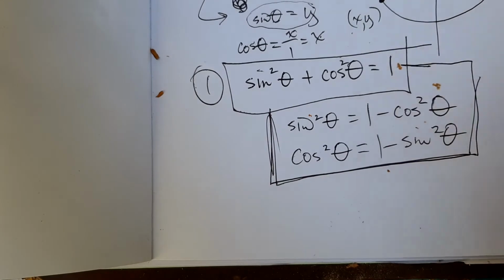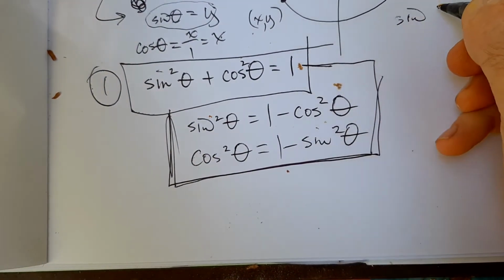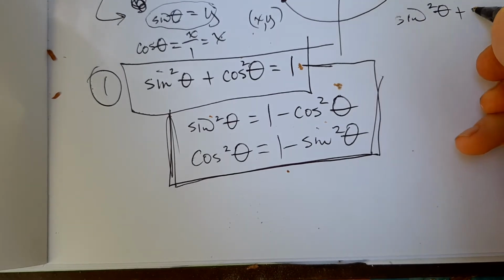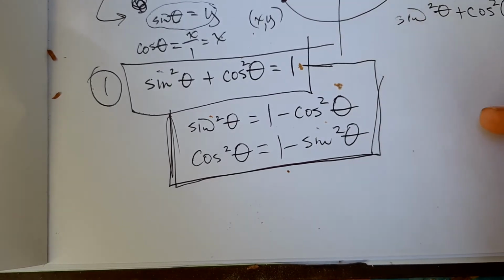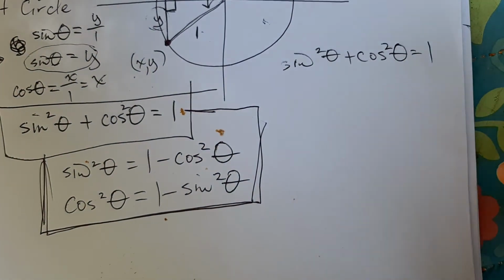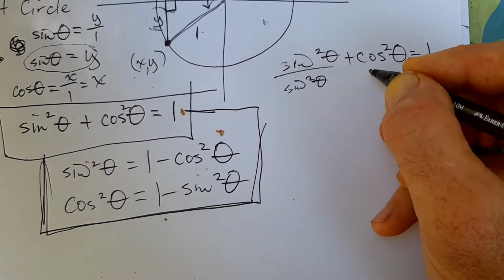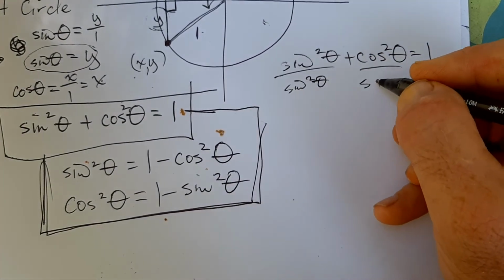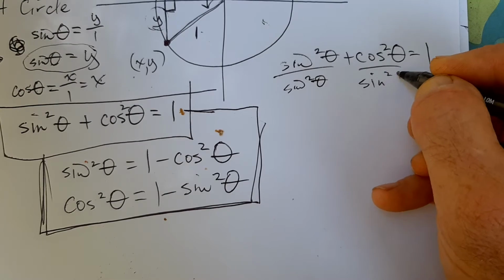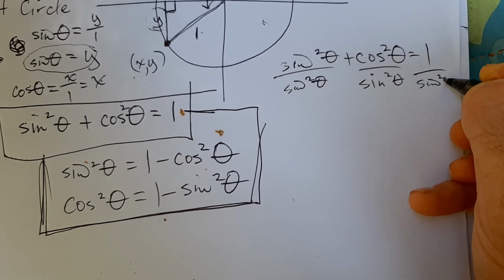And then we're going to divide through by sine squared first. So you got sine squared theta plus cosine squared theta equals 1, and your book has this, so if you want to skip this, it doesn't hurt my feelings too much. Here we go. Divide by sine squared theta. Everybody gets divided, right? Both sides, sine squared theta divided by sine squared theta.